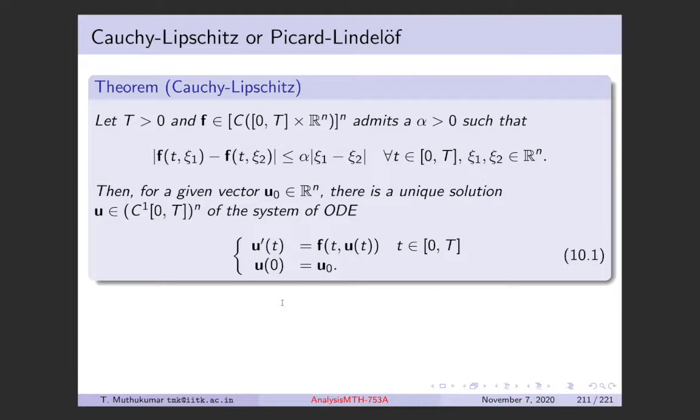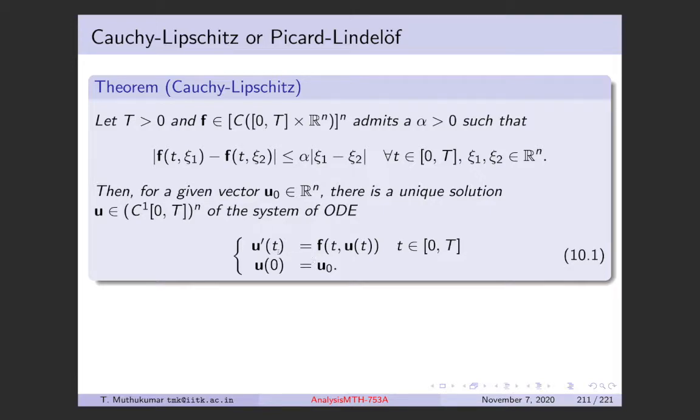Later, probably in the next lecture, we will see in the second order case a different kind, called a boundary value problem or 2-point boundary value problem, where you give the value of u at two different points instead of giving the value of the derivative of the function. So this existence result is for the initial value problem of a first order system of ODE.